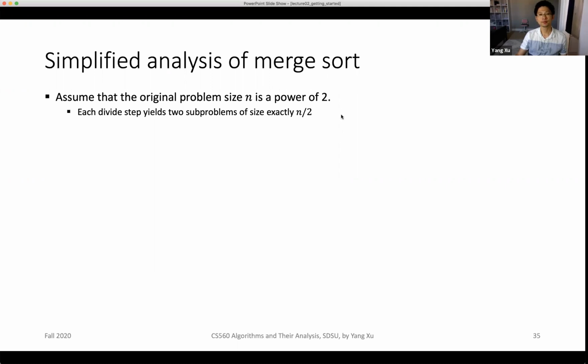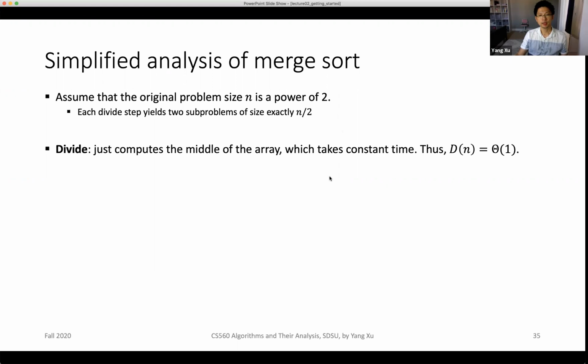Then we consider the cost of doing the dividing. We simply compute the middle point of an array: q is p plus r divided by 2. That is a very primitive computation.